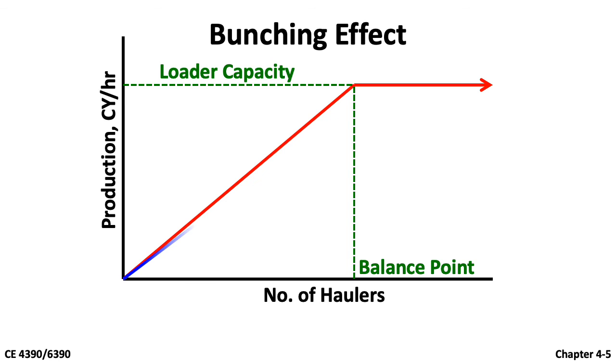This curve represents the bunching effects given different numbers of haulers. As I said, research shows that at the balance point, the bunching effect is maximized. It is about a 10% to 20% loss in efficiency, and this effect is reduced by either reducing or increasing the number of haulers.